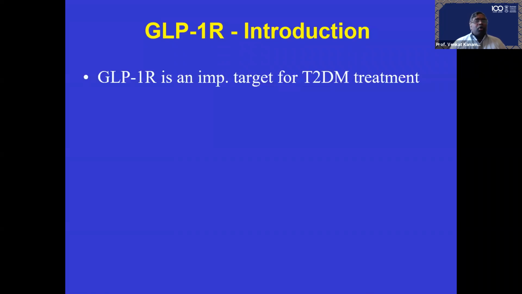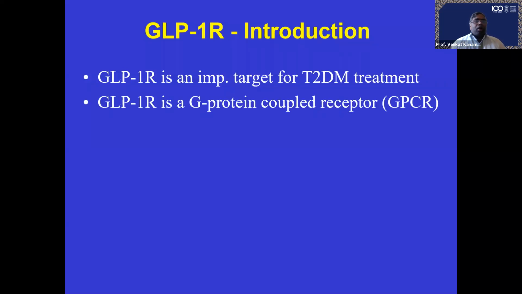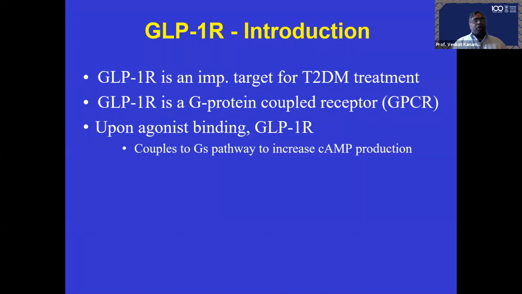So, as I said, GLP-1 mainly functions by acting through the GLP-1 receptor. So, what is the GLP-1 receptor? Obviously, it's an important target for type 2 diabetes, and it is a G protein coupled receptor. Upon agonist binding, that means GLP-1 binding, the GLP-1 receptor couples to the Gs pathway to increase cyclic AMP production.